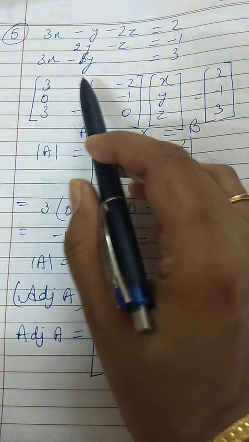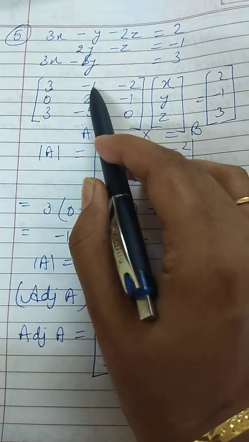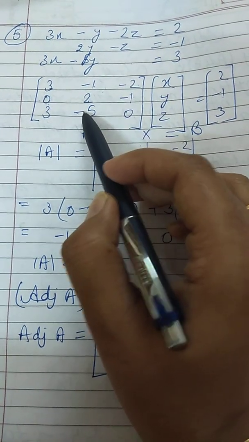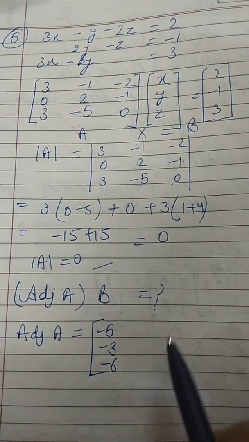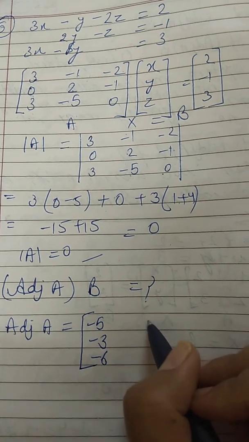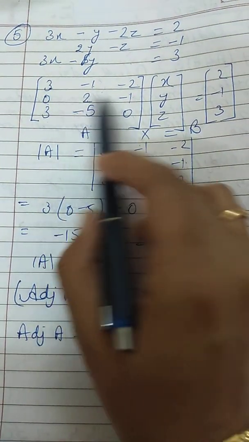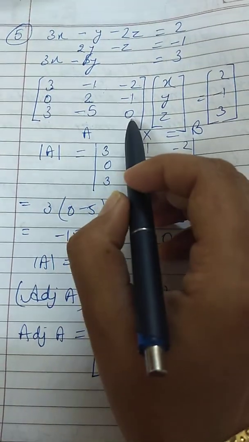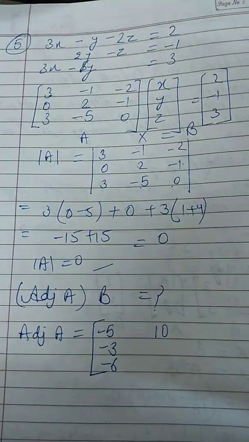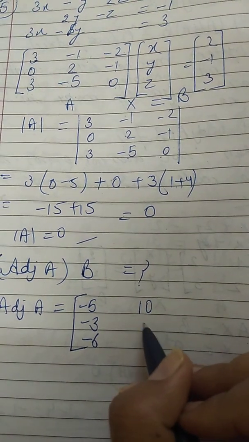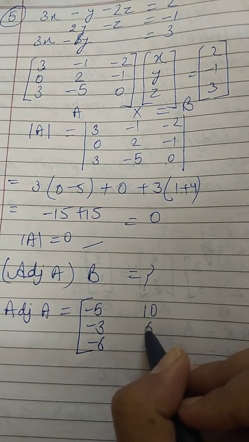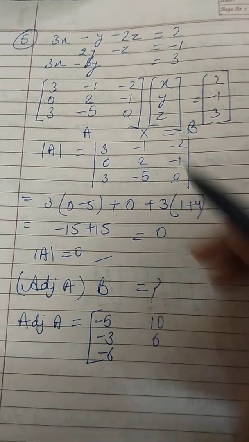Now the cofactor of 0 will be this row and this column will not consider, it will be minus 10, right, and odd position, so it will become plus 10. Then cofactor of 2, the row and column will not come, 0 plus 6, so it will remain plus only because it is even position.